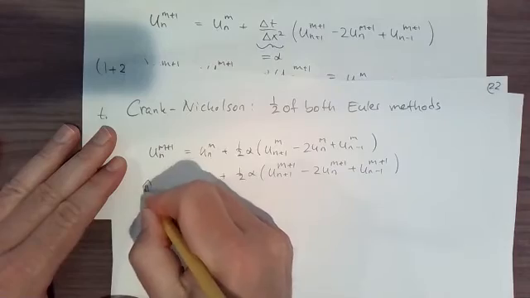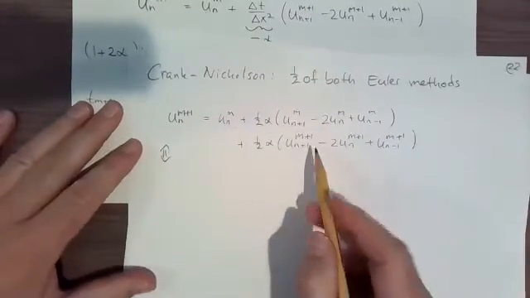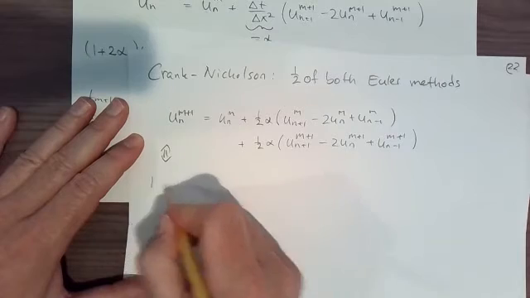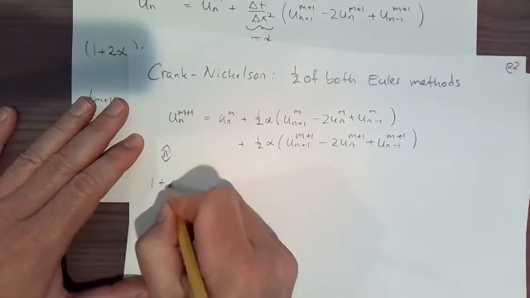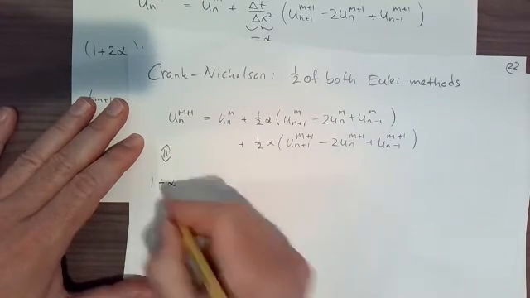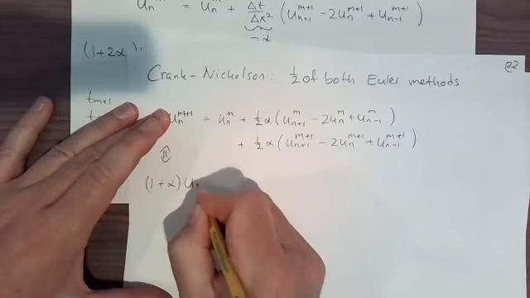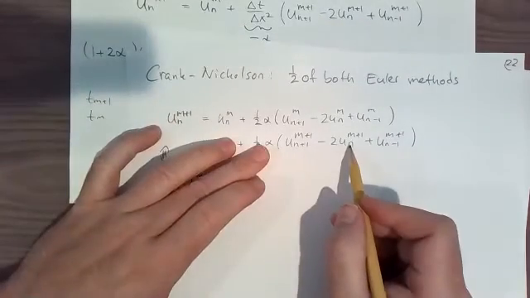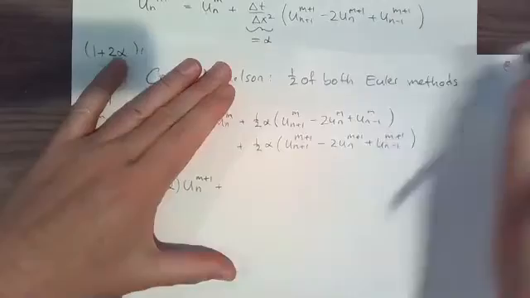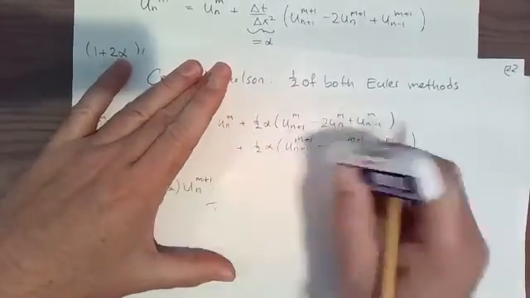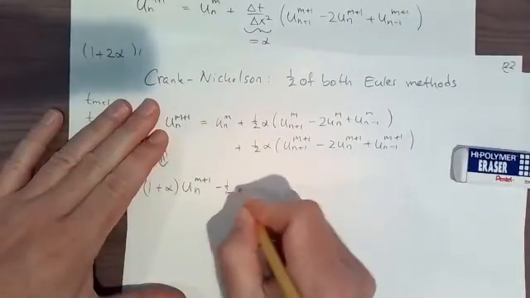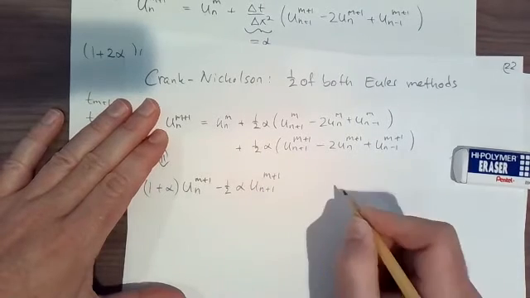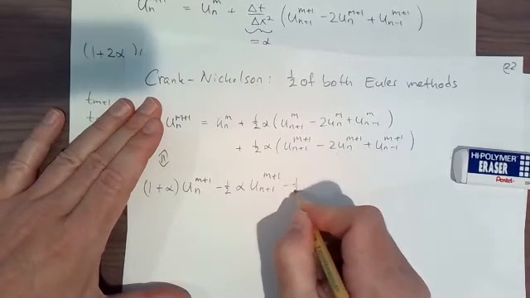If you move stuff around, what will you see? I will have on the left-hand side 1 plus alpha times u n m plus 1. And then I will have other things. I will have minus 1/2 the first guy, and minus 1/2 this last one.